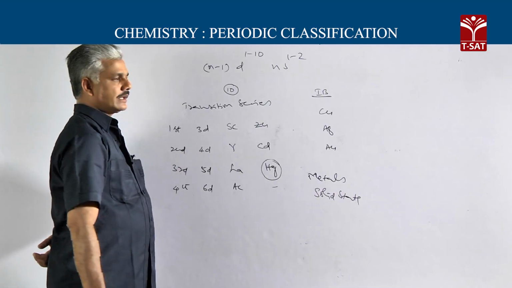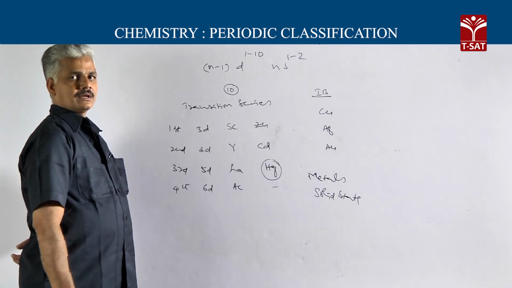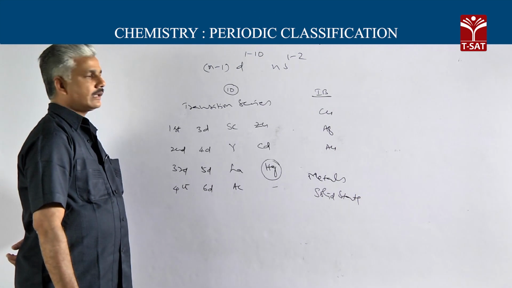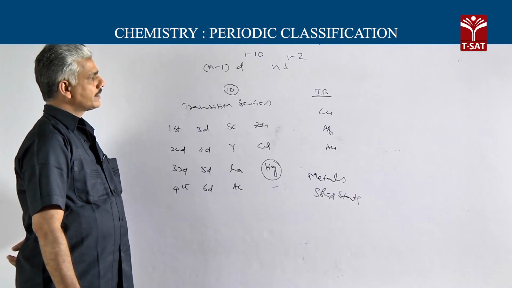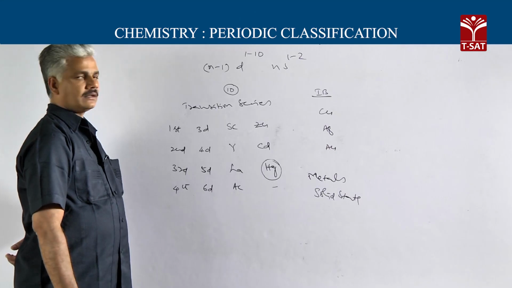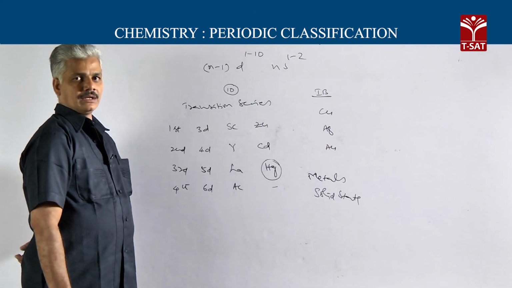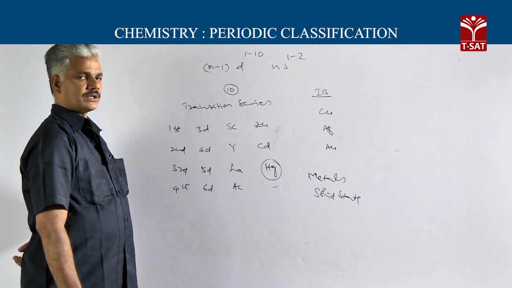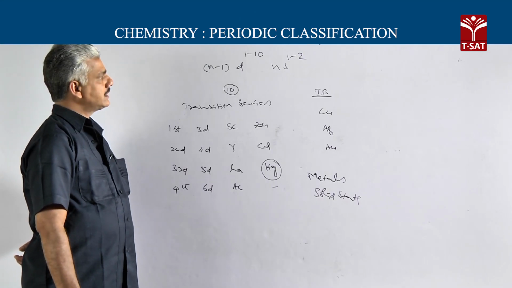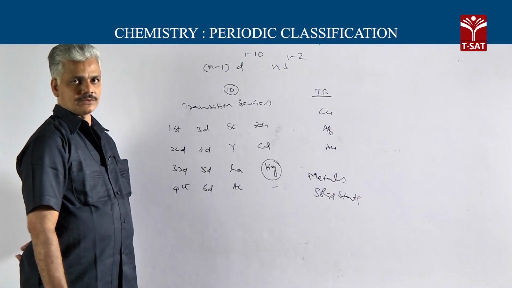Then coming to other characteristic features, all the D block elements have got very high density values, melting point values, boiling point values. They are all good conductors of electricity. They are malleable as well as ductile in nature, and these D block elements show variable oxidation state values.